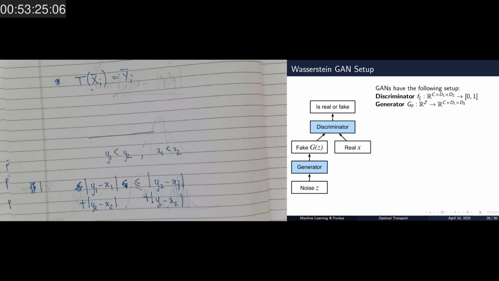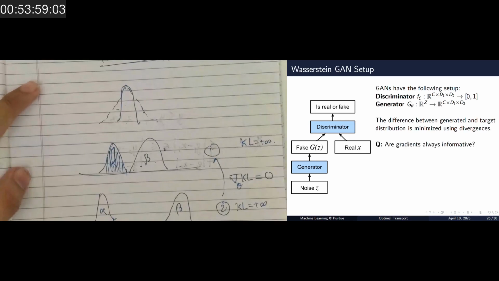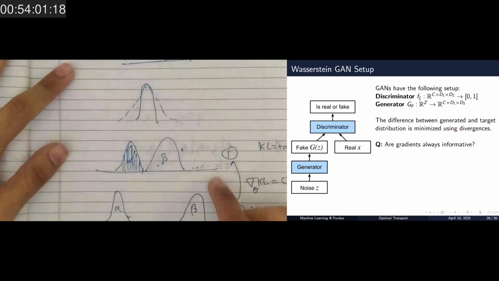So we have the following setup with GANs. You have a discriminator as well as a generator, and normally your discriminator is going to give you some probability of that input image being real or fake, between 0 and 1, and your generator is giving you an output image from some latent space R^Z. Now the difference between the generated and the target distribution is minimized using divergences by default for traditional GANs, like we compared in this example over here.